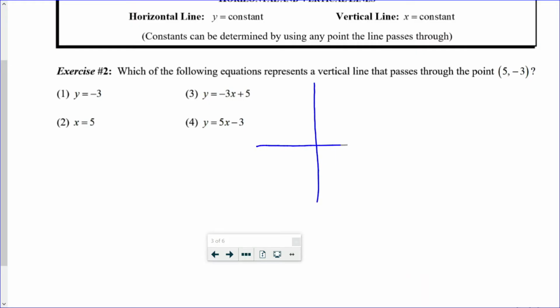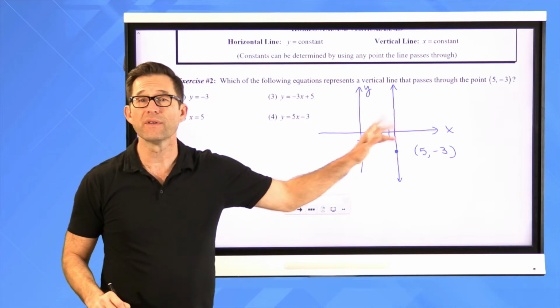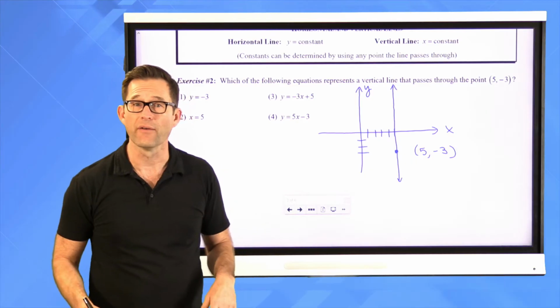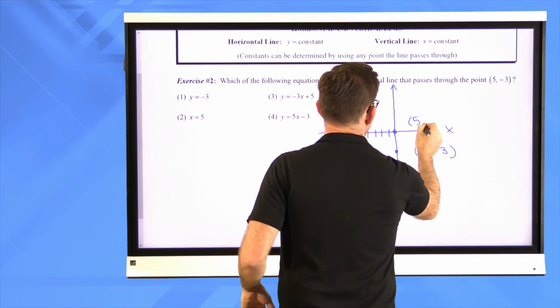So here I've got my y-axis and my x-axis, and if I went 1, 2, 3, 4, 5, 1, 2, 3, right? Here would be the point 5, -3. And if I drew a vertical line through that point, right, and I wanted to know its equation, the key would be any point along this line would have an x-coordinate of 5, right? If I went right here, this would be the point 5, 0.